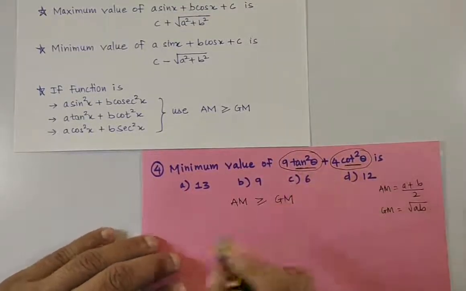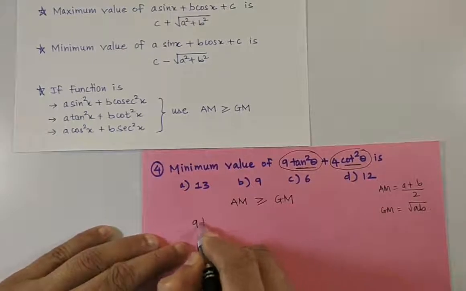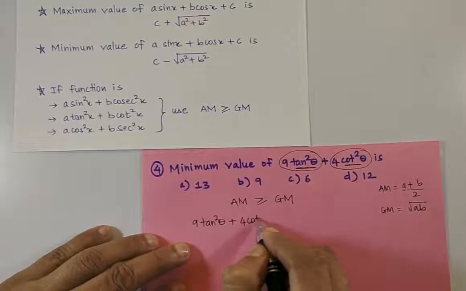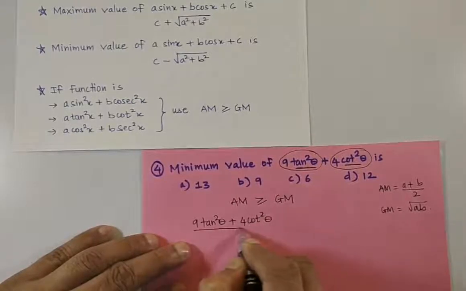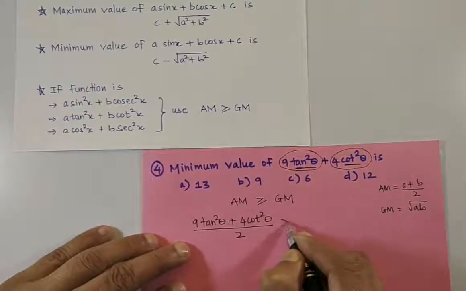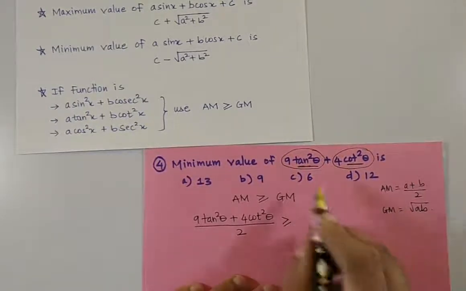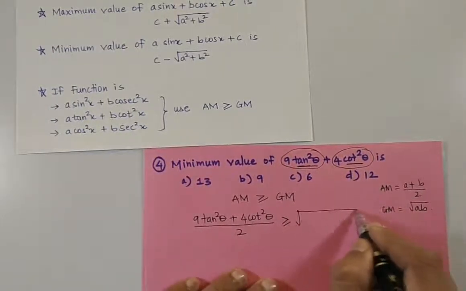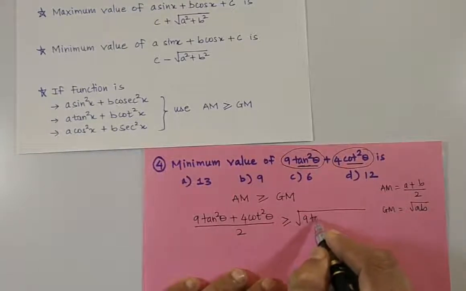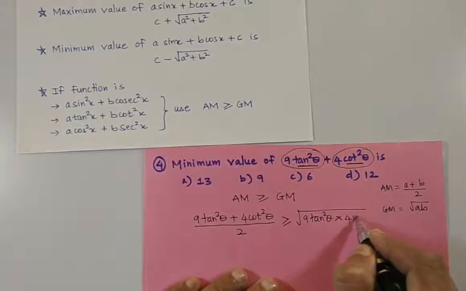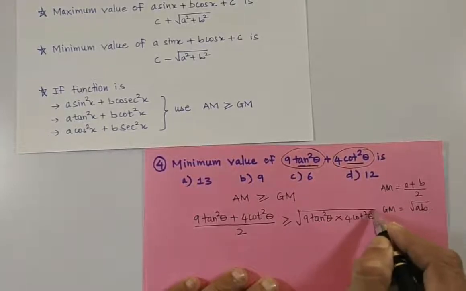So arithmetic mean of these two terms will be 9 tan square theta plus 4 cot square theta, whole divided by 2. This should be greater than or equal to the geometric mean of these two, that is root of 9 tan square theta into 4 cot square theta.